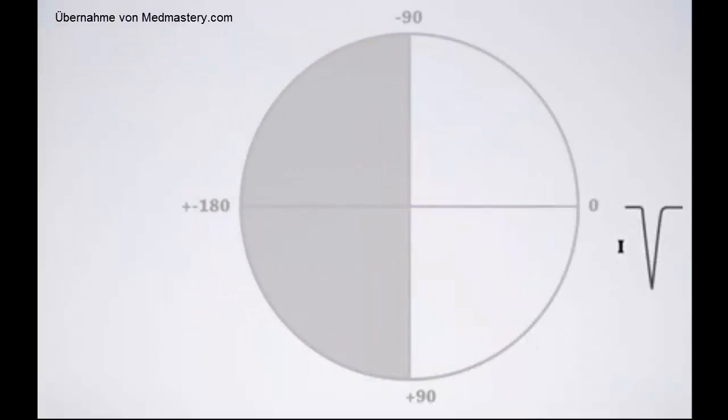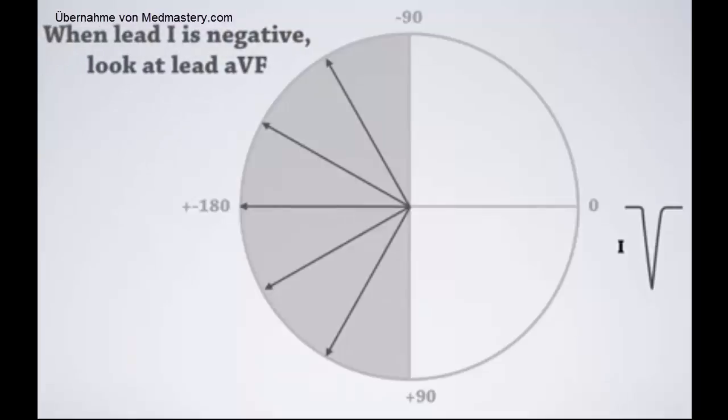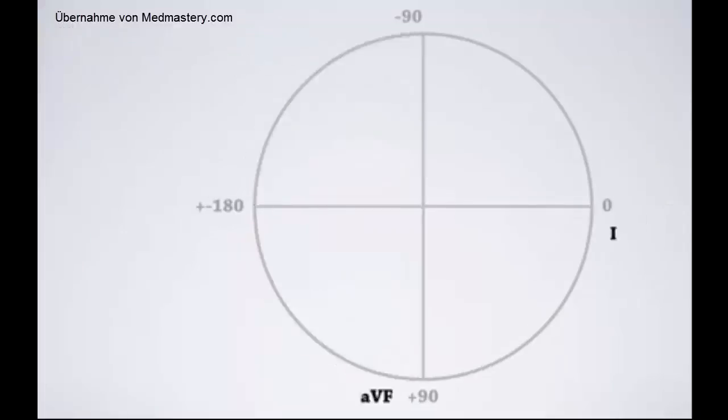When lead 1 is negative, we know that the main vector will be found in the gray area. To be more precise, we have to look at AVF now. So when lead 1 is negative, look at AVF. And when lead 1 is positive, we look at lead 2, as we've just seen.